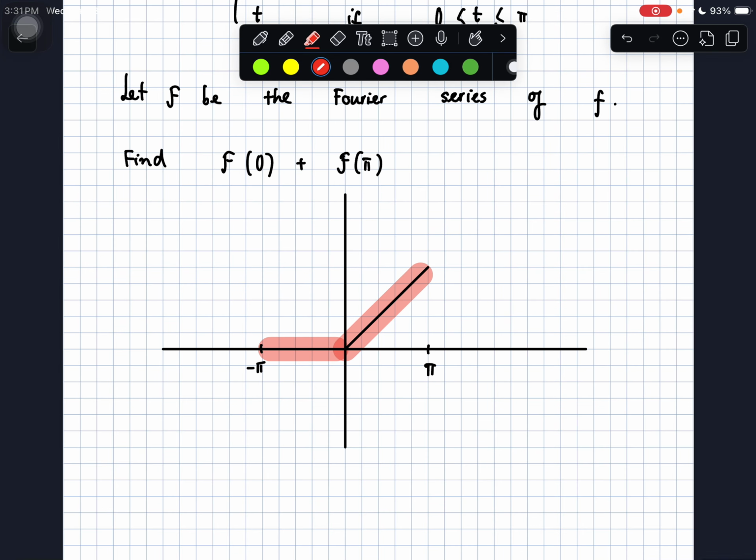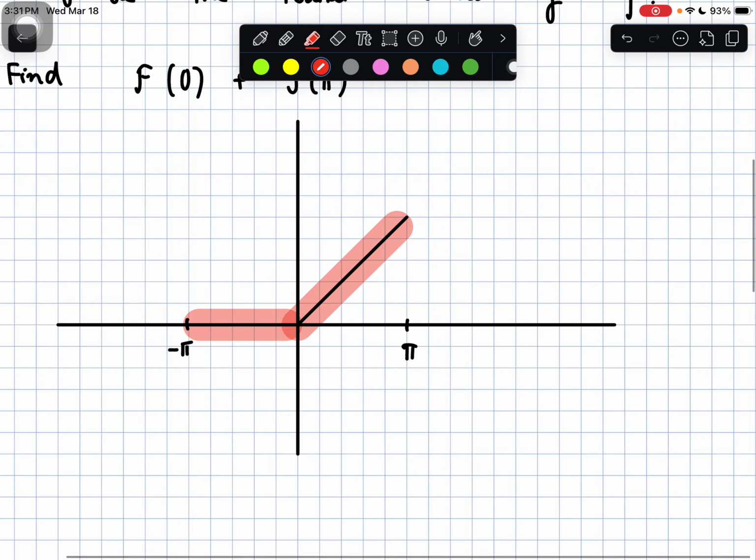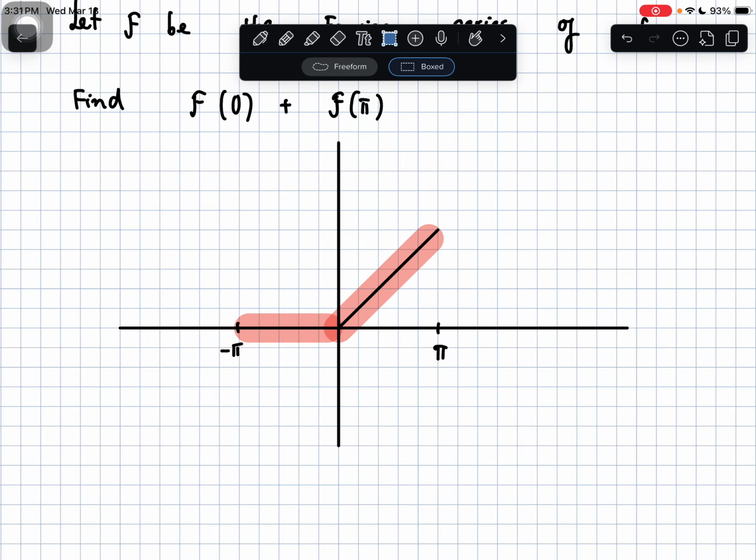So this is the graph of f in one period from minus pi to pi. For the other intervals, just copy this pattern.